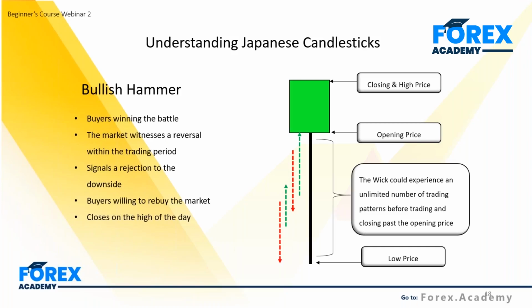Now, if we look and pay some attention to the wick here, the wick could experience an unlimited number of trading patterns before trading and closing past the opening price. And that is effectively what we see here. So what you could see, guys, I'm just going to draw this in a little detail. Hypothetically, what you could see is the market trade down like this.